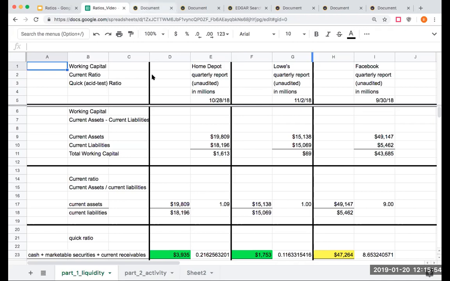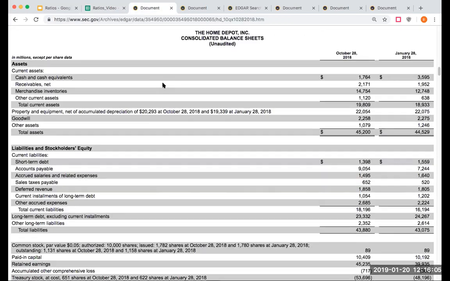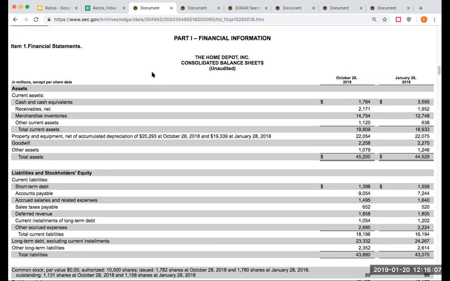The first one we're going to do is working capital. What is the total working capital of each of these companies? For Home Depot, I took their most recently issued quarterly report, which was October 28, 2018. Their annual results should be out probably sometime in February or maybe March.